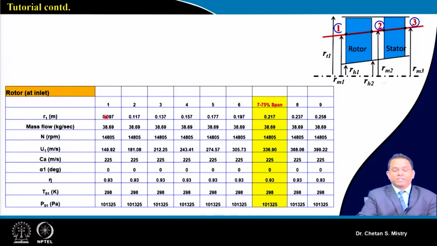This is varying from 0.097 to 0.258, and this is what we are calculating. Since we are assuming our entry to be axial, alpha 1 we are taking to be 0, and these are the pressures and temperatures. This gives me my entry design parameters.